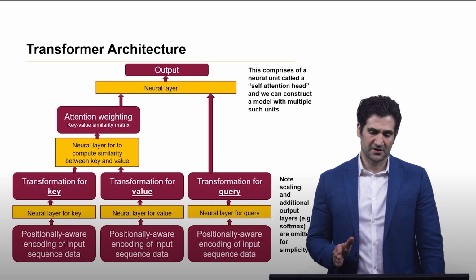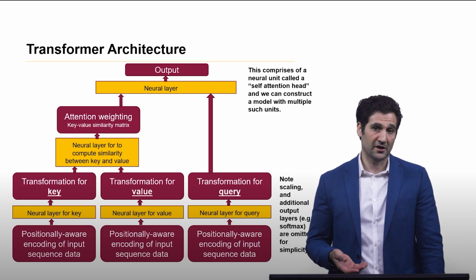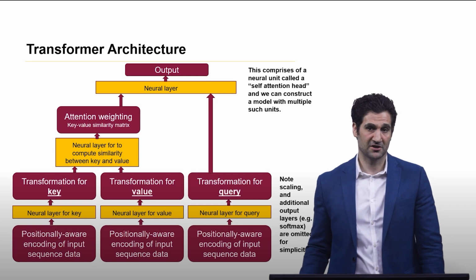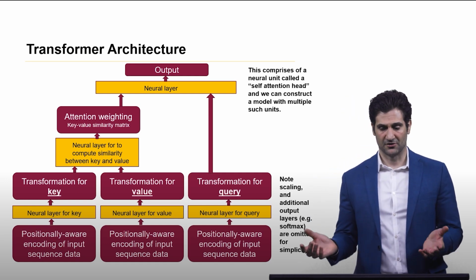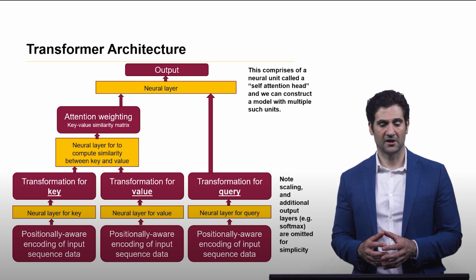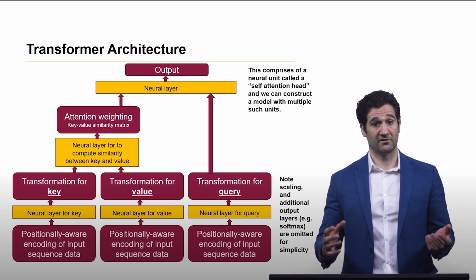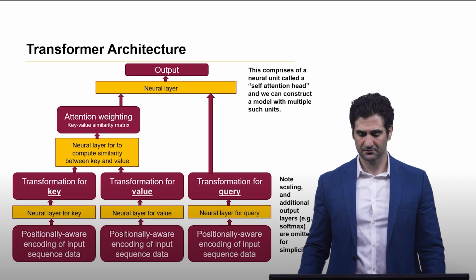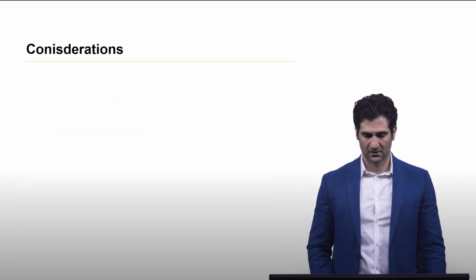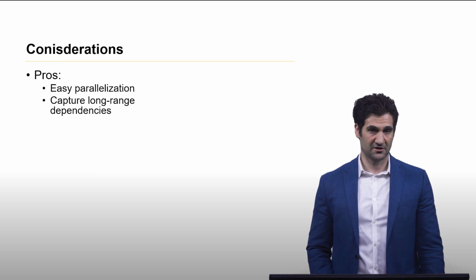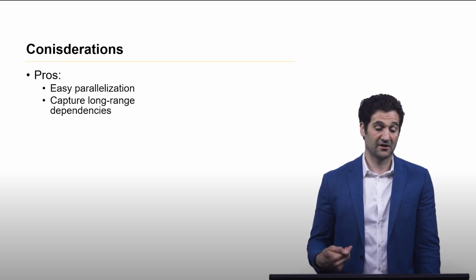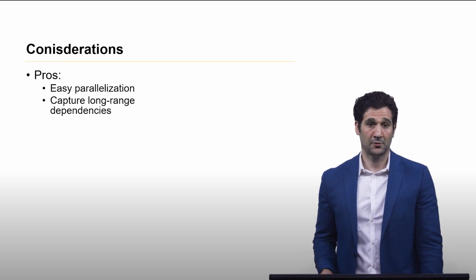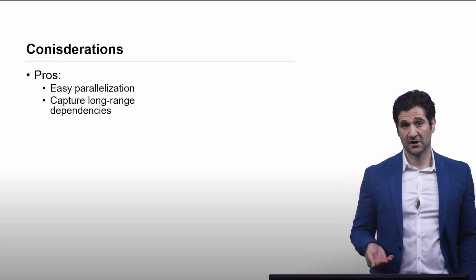Oh, and one other piece, what we showed here is what's called a self-attention head. And this is the neural unit of a transformer architecture, and we can have many of these units for different things if we want. So some considerations: pros, the big thing here is easy to parallelize, captures long-range dependencies.